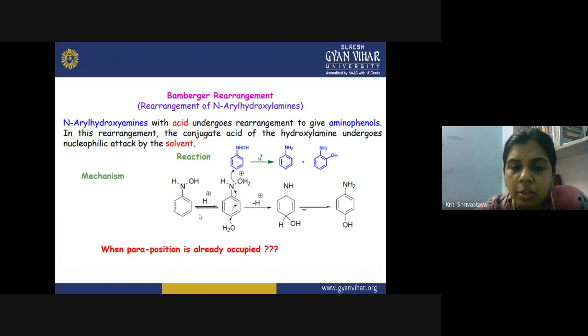And this positive charge will specifically make the para carbon electron deficient, and therefore the nucleophile, that is the water molecule, attacks at the para position, and what you get is para-aminophenol. So what if the para position is already occupied? Then where will the attack take place?